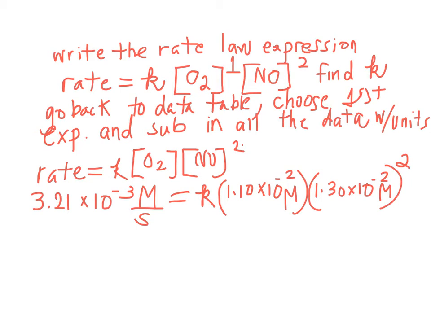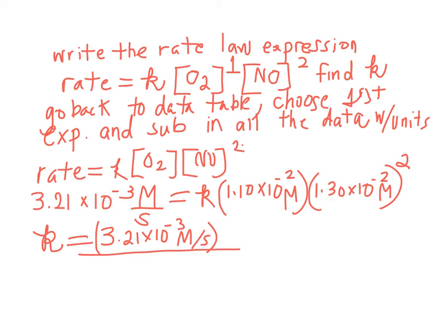We're looking to find K, so we're going to solve for K. K comes out to be 3.21 times 10 to the minus 3 molar per second. Keep your units. Divided by 1.10 times 10 to the minus 2 molar, divided by 1.30 times 10 to the minus 2 molar squared.